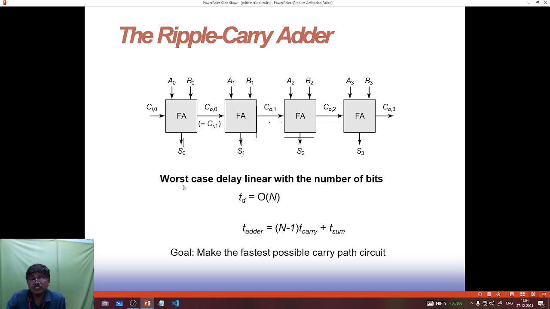That is why the worst case delay is linear with the number of bits, t_add equals n minus 1 times t_carry plus t_sum. That is why it is called a ripple carry adder. The Cout takes a large time, so you have to minimize these operations for the carry to improve.